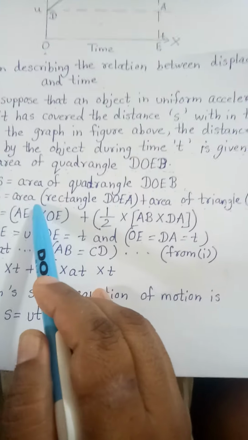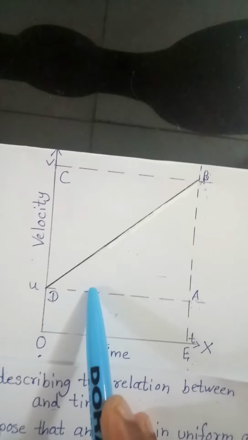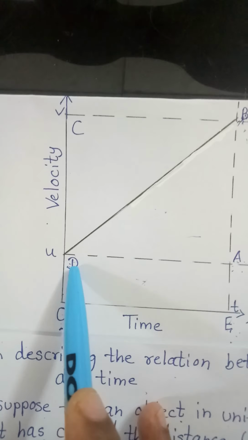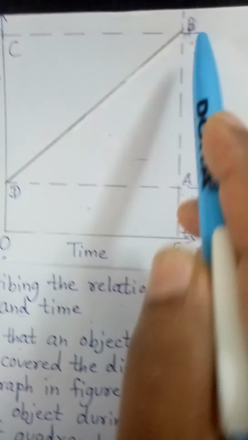So S is the area of a rectangle plus the area of a triangle, because this quadrilateral itself contains two geometrical figures. One is the rectangle, that is DOEA, and another is the triangle, that is DAB.